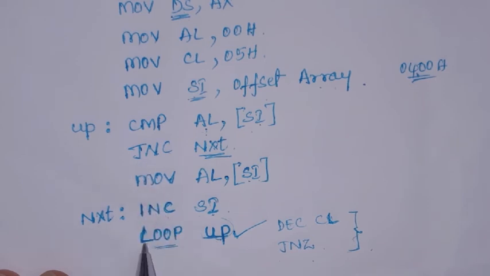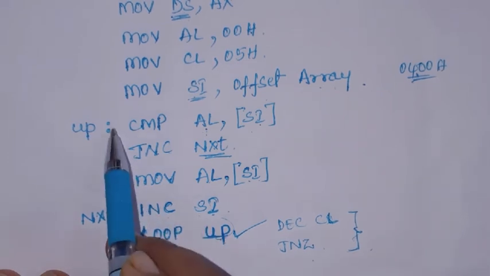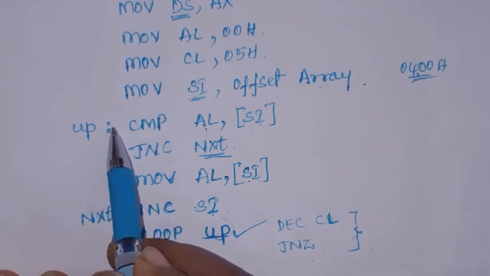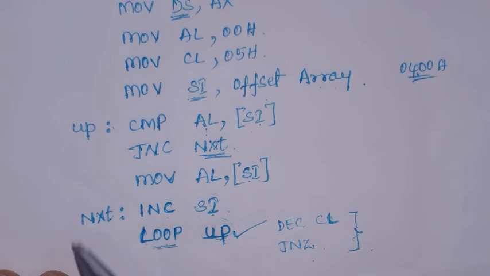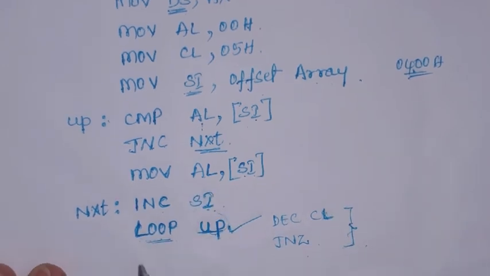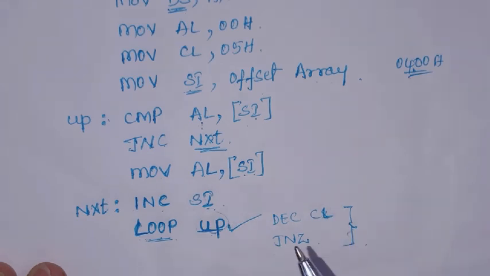After this, if the count is not equal to 0, again repeat this process with the next element pointed by SI. Once all the elements are compared and you have the largest number in the AL register, the count will be 0, so it will come out of the loop.